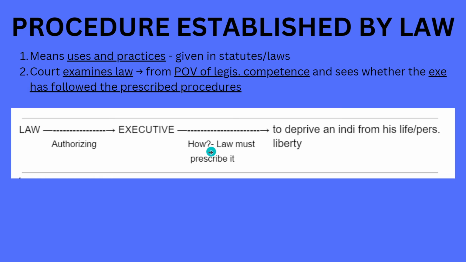The court will check whether the law is made under legislative competence, and second, whether the procedure is followed by the executive or not. If these two conditions are met, then the court cannot stop it, and will hold the actions of the executive as legally valid. This is procedure established by law.